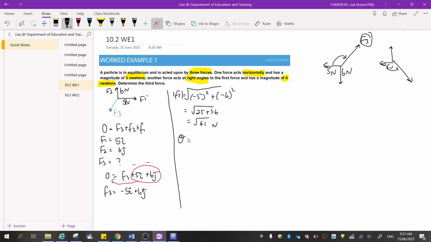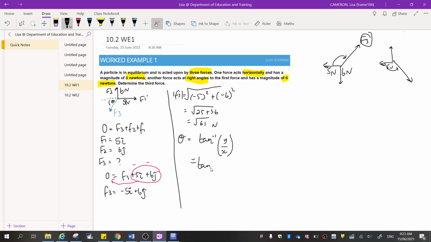Next thing we're going to do is look for the angle that it makes with the x-axis. So if I put my little dotted line in here, I am calculating this angle from the x-axis down. I'm doing that just to try and make it a bit more standard so that you can just throw some values in. Because I know that if I'm looking for the angle it makes with the x-axis, it's going to be the y component divided by the x component.